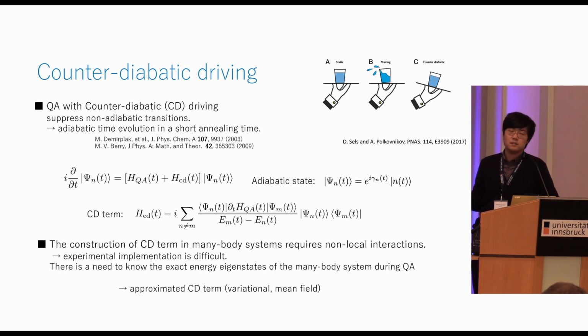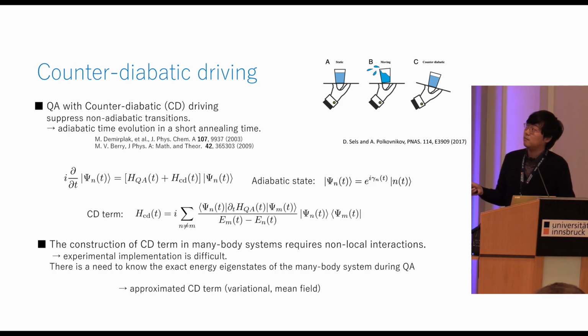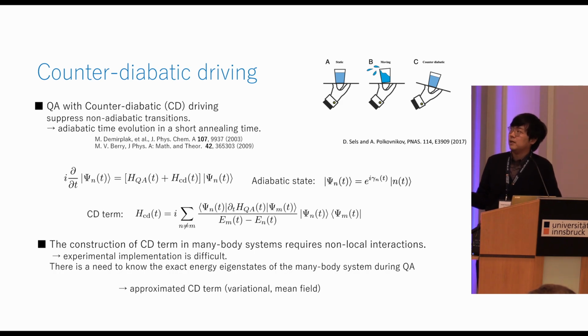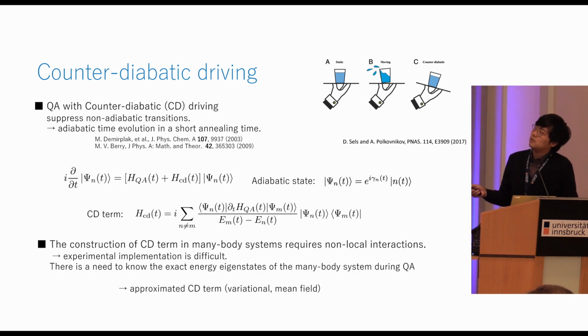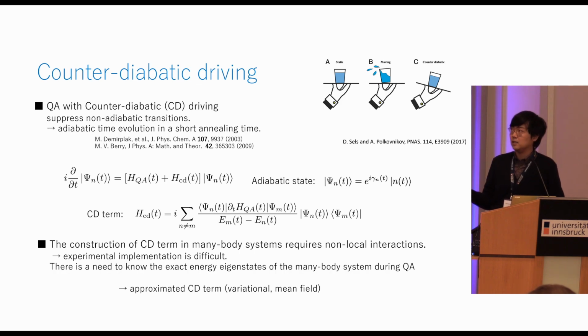So to avoid these difficulties, approximate methods using the variational method and mean field approximation to construct the counter-diabatic term have been proposed. The advantage of these methods is that the counter-diabatic term can be expressed in a local form, and we don't need to know the exact energy eigenstates in advance.